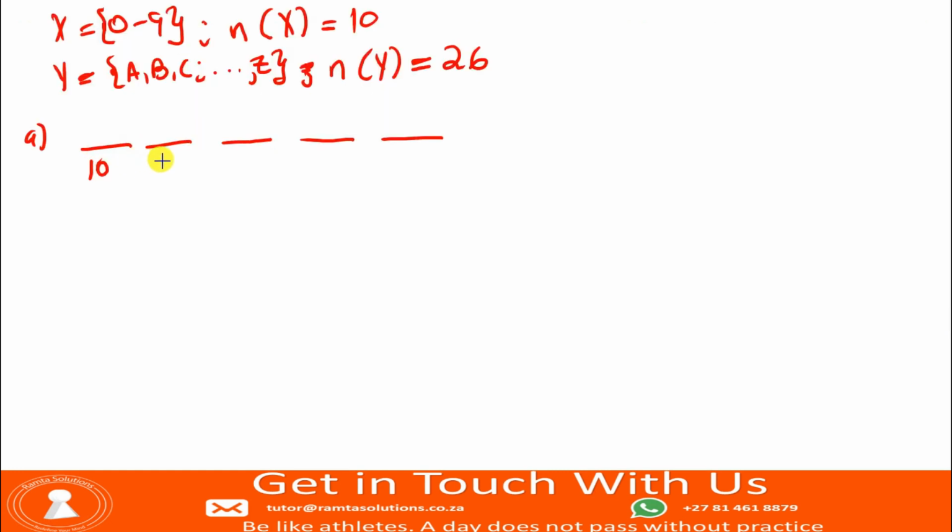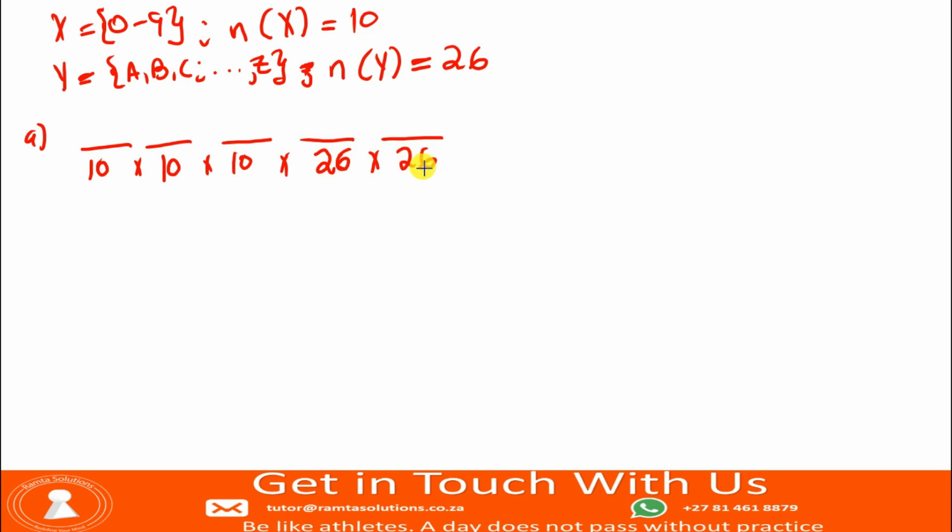It's 10, and they say they can be repeated. So the number that I choose doesn't affect the second. It's still going to be 10 for the second, and still 10 for the third. For the alphabets, it's 26 alphabets. My choice of an alphabet does not affect the choices that I have, because they said repeated, I can still repeat that alphabet.